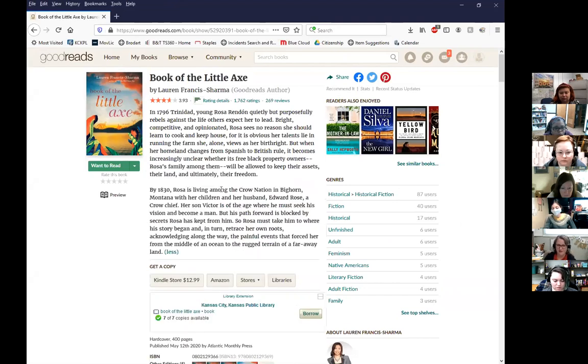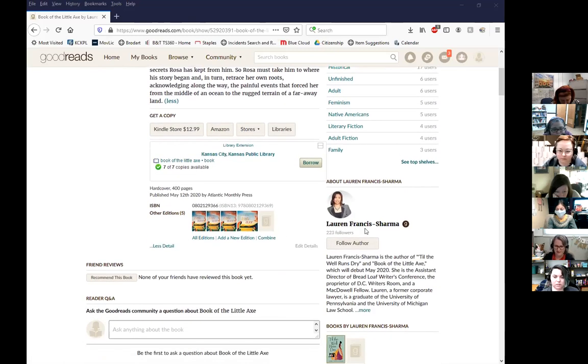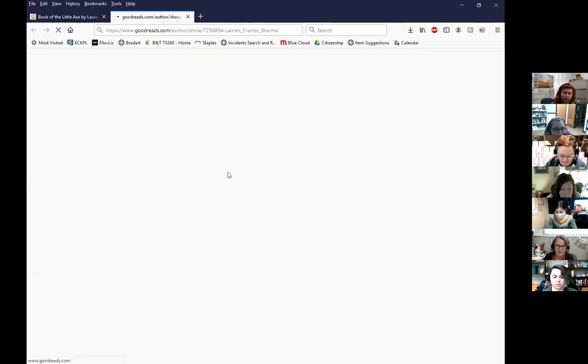It gives a good synopsis here. Hopefully everybody can see that Goodreads screen. You can also see the genres, where sometimes you can get information about what might be something you would be plugging into your spreadsheet. And then I would go straight to the author, open up and get a picture of the author.